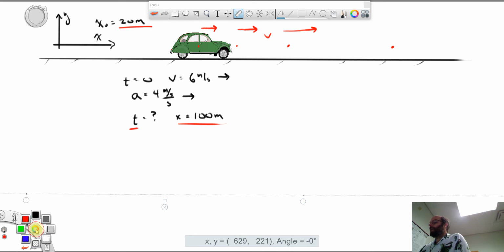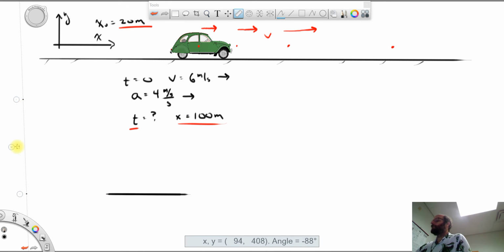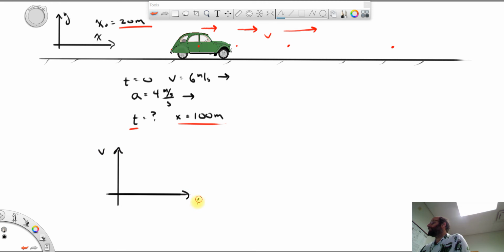Typically, if you sketch what I call a velocity graph, that is a great place to start for analyzing the motion of a particle or an object. So I'm going to go ahead and do that. This doesn't have to be perfect, just a rough sketch of what's going on. At t equals 0, this car is moving at 6 meters per second.